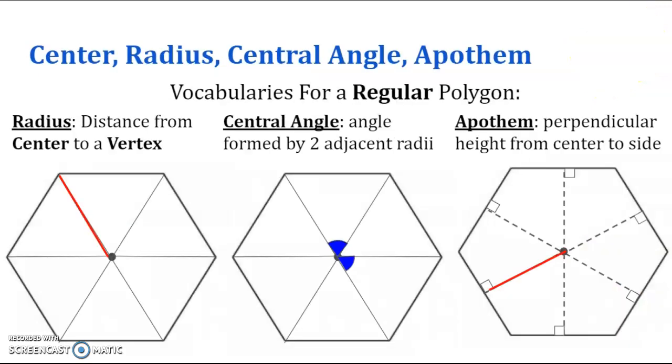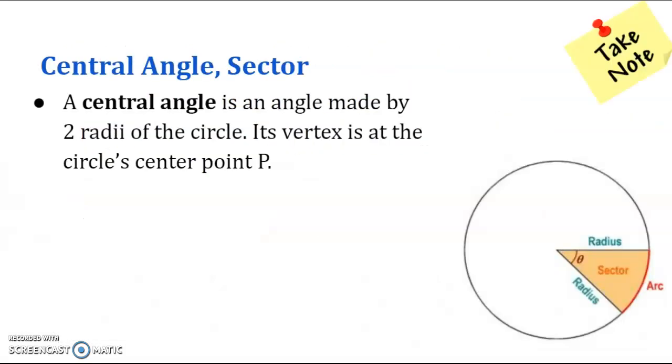Central angle was the same thing. It's an angle formed by two adjacent radii. With a regular polygon, you have a limited number of radii. With a circle, you have an infinite number of radii. So a central angle is just an angle formed between two radii with the vertex at the center of the circle.